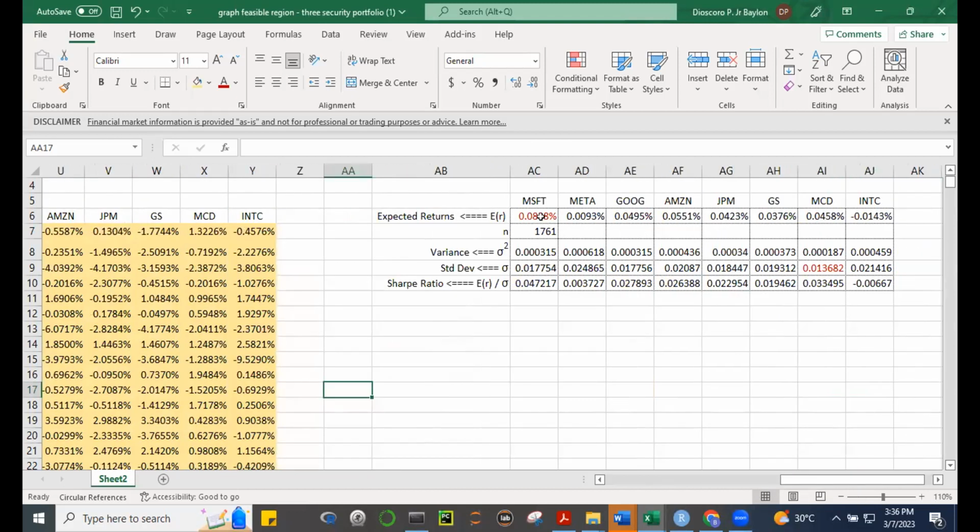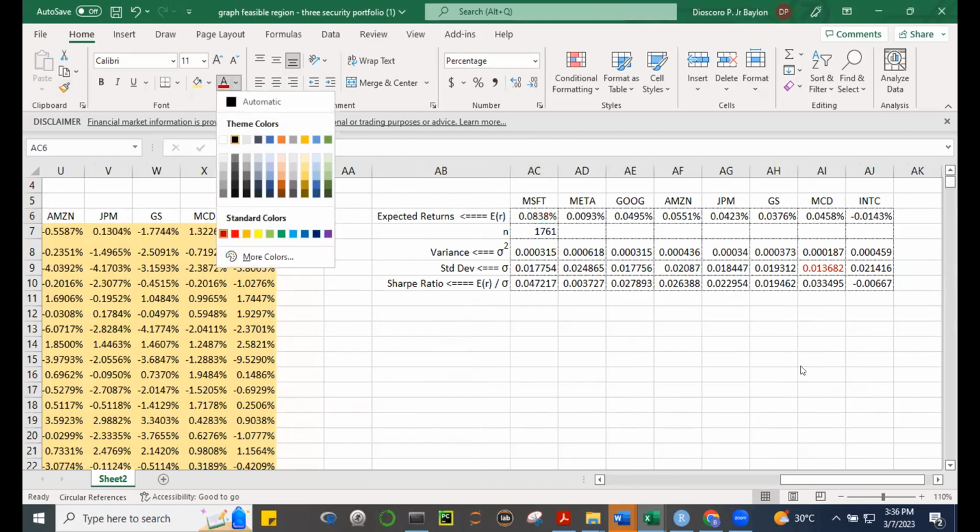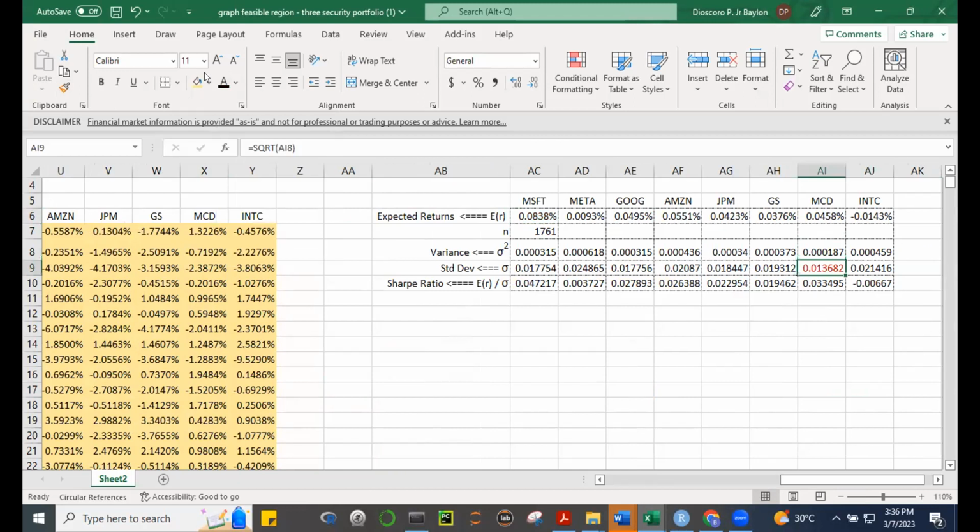So let's give these names. Let me just make this black again. For example, this one, let's call it stock ret, stock returns.